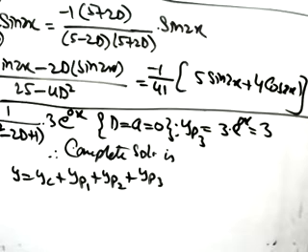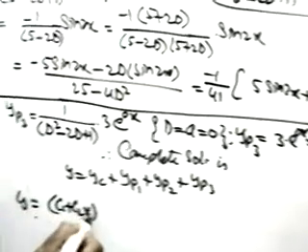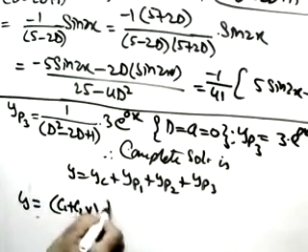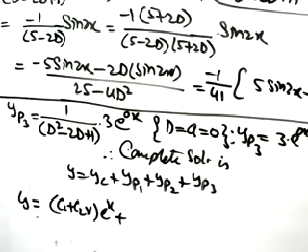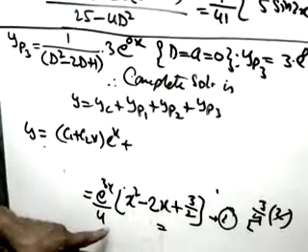So lastly, y equals what we got here. yc we got is c1 plus c2x into e power x, plus yp1.